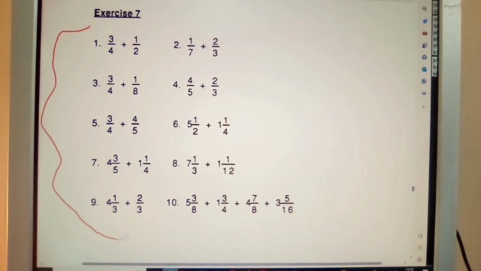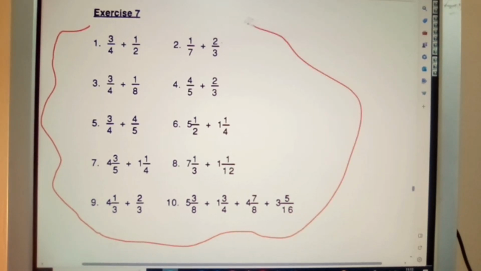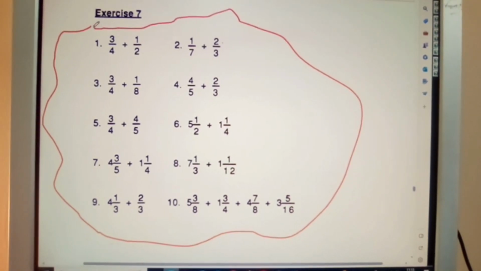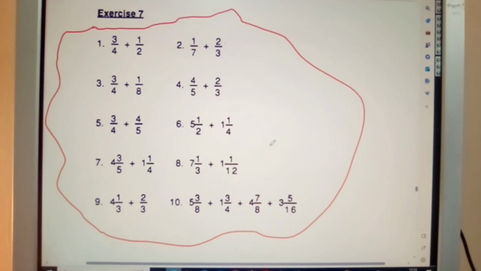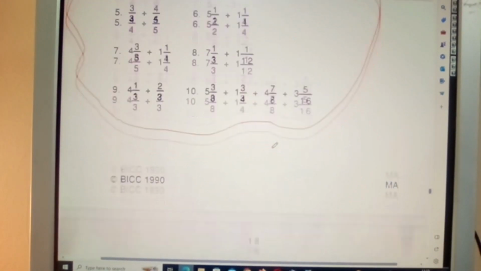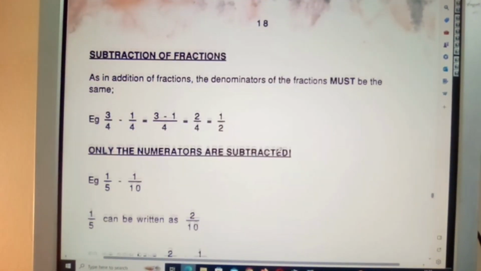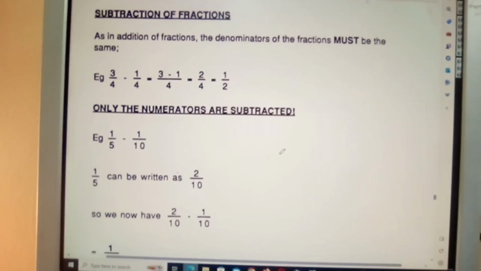Okay. I am going to be doing this regularly because I want you to actually look at it from your perspective. Subtraction of fractions. Okay.